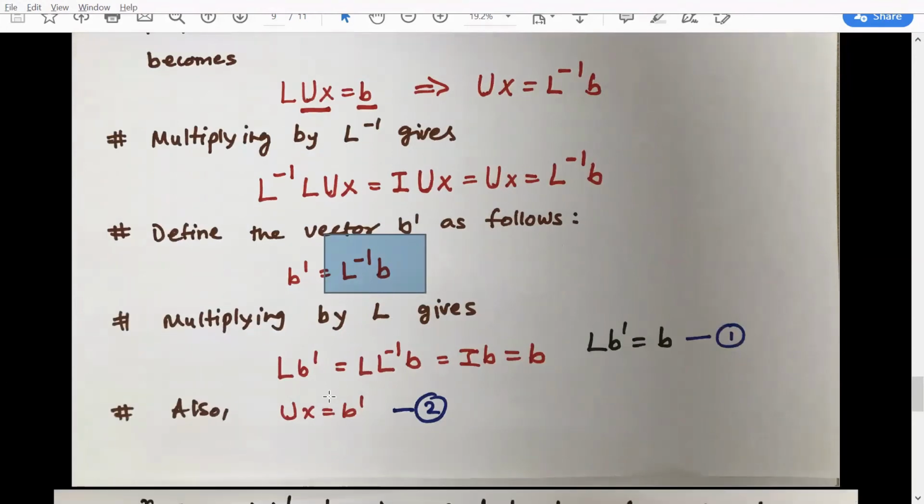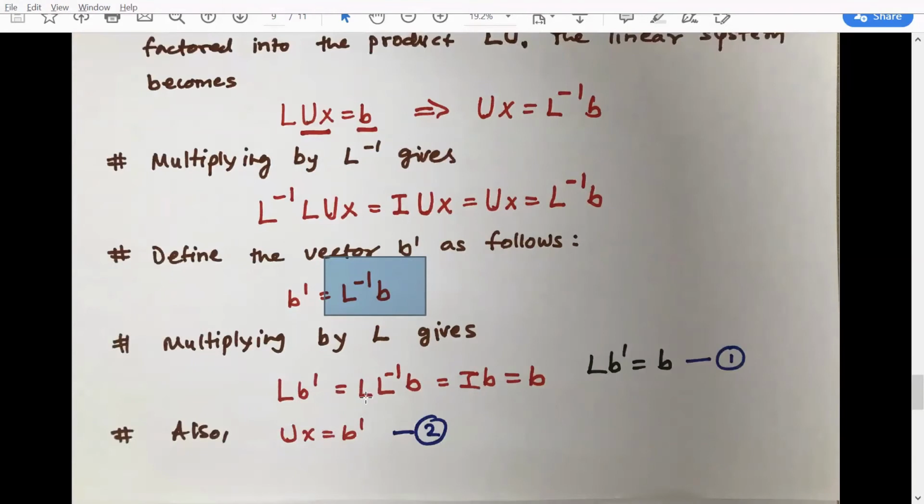Now if L, the lower triangle, is multiplied by this vector B dash, what is it?